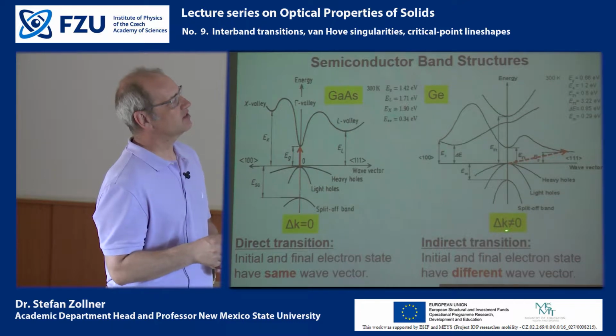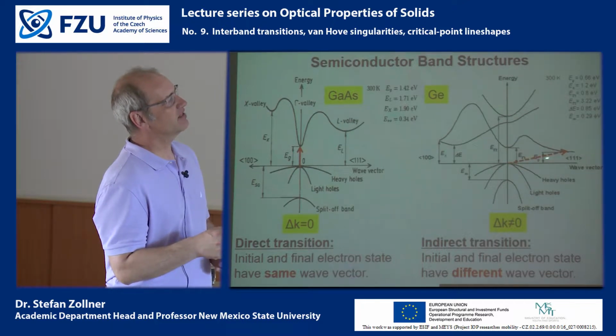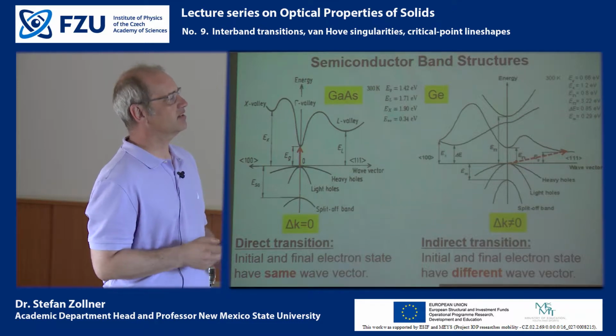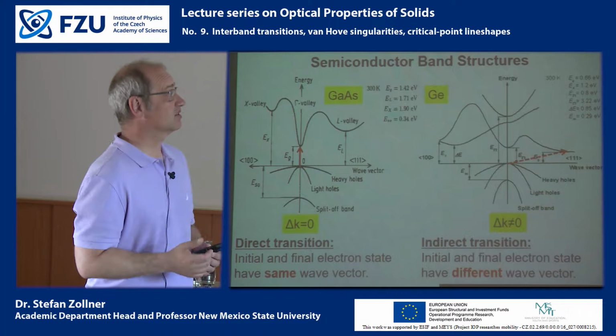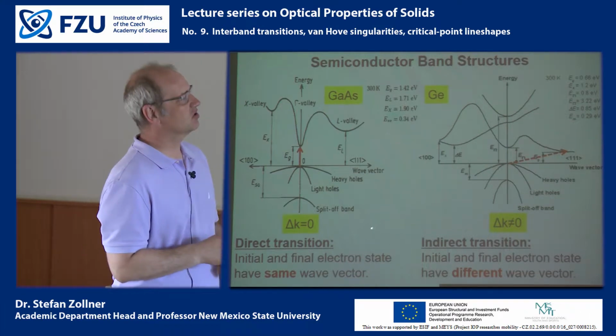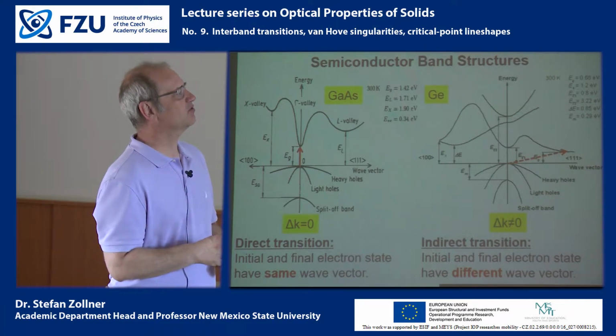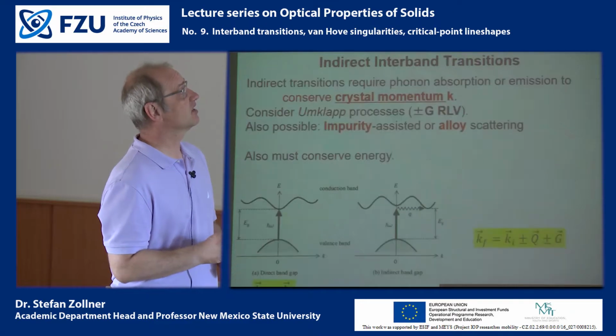So in this case, the initial state and the final state have different wave vectors, different crystal momentum, and therefore we call that an indirect transition. And that will be the first half of today's lecture.